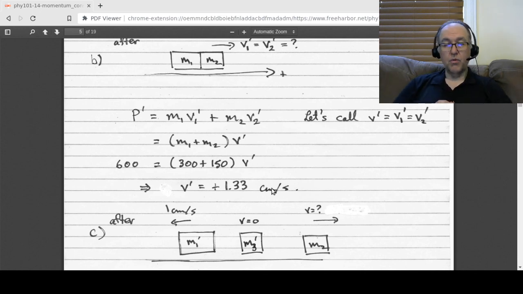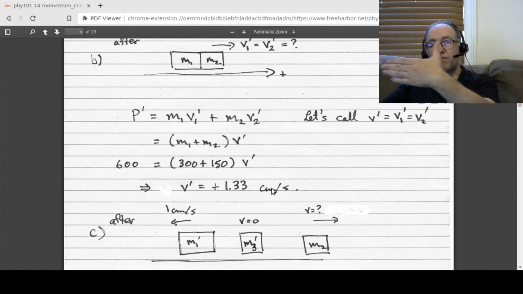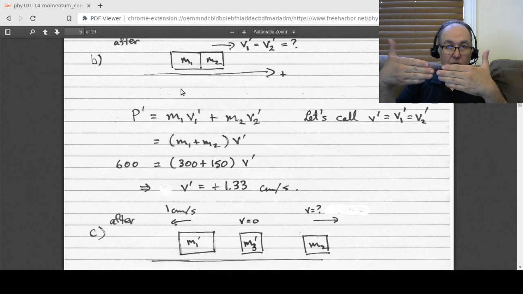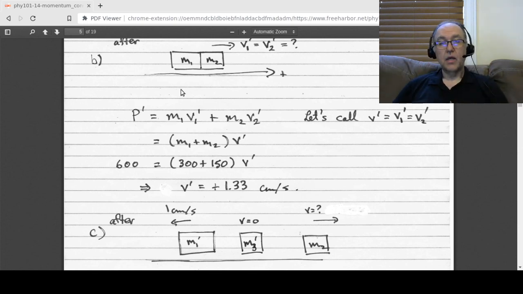How fast was the 300? And you were able to answer that. Here, you don't know the details of the collision. If there was some kind of sticky spring in there, they might come together, stick, and then bounce back and forth a little bit, in which case the two velocities would not be the same. But that might dampen out, and when it does, they'll be traveling at 1.33 centimeters per second.